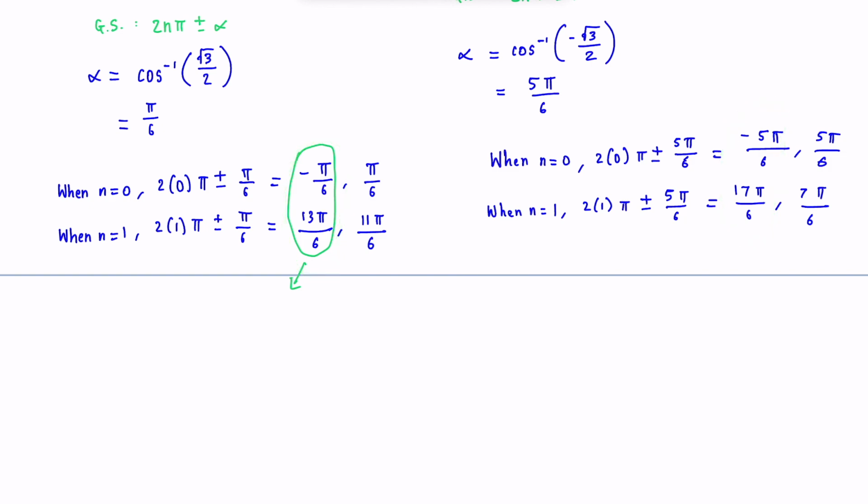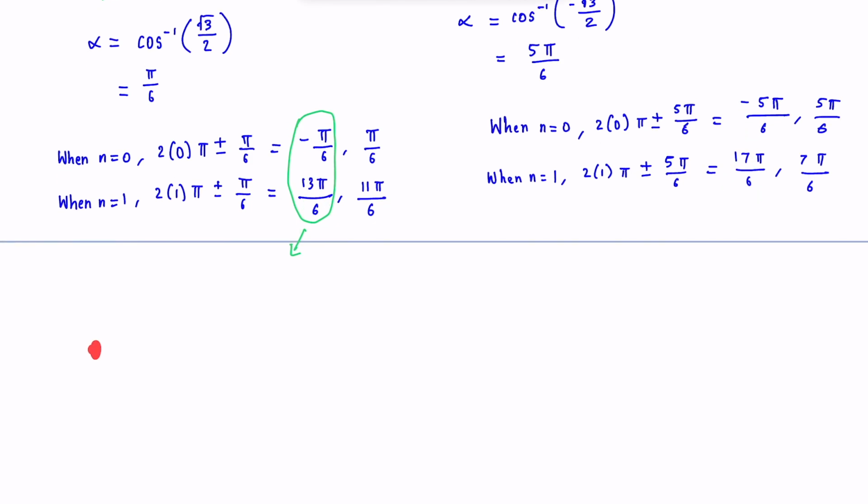So we are going to exclude them and we have our values. So we have our answer. Our solution is therefore theta is equal to pi over 6, 11 pi over 6, 5 pi on 6, and 7 pi on 6.